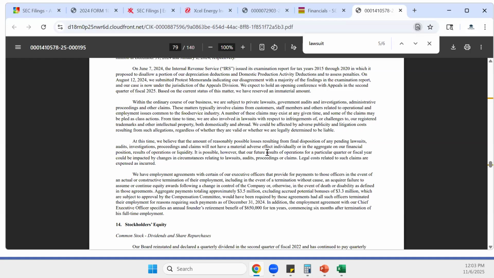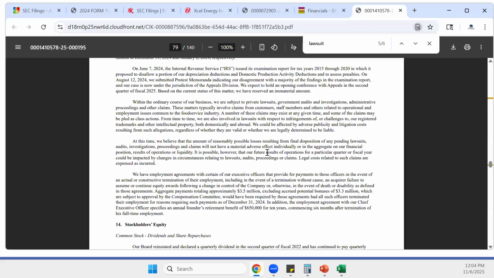And let's see, looks like the main contingent liability accrued for is management bonuses of 3.5 million. And then the executive officer specifies an annual founder's retirement benefit of $650,000 for 10 years, commencing 6 months after termination of full-time employment.